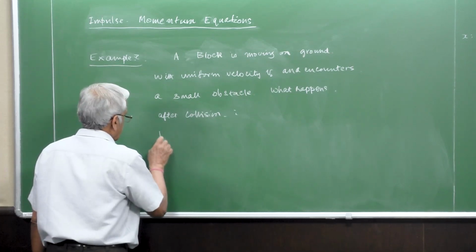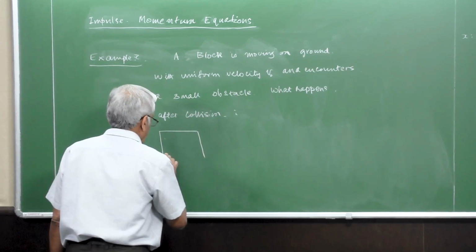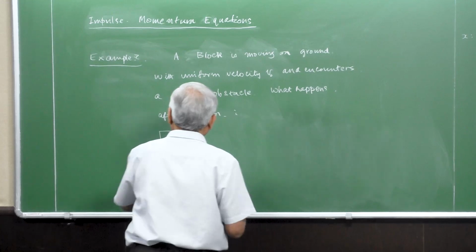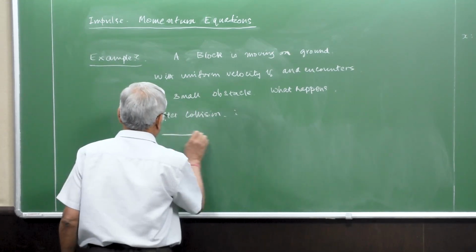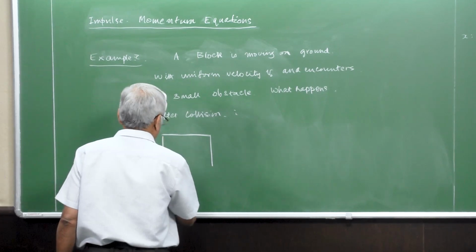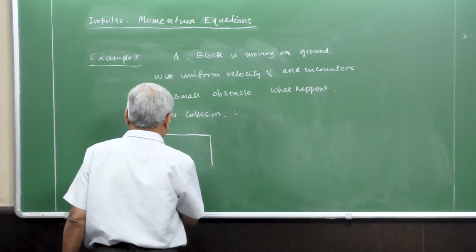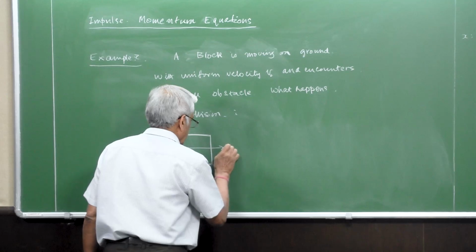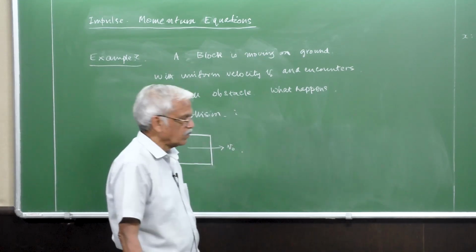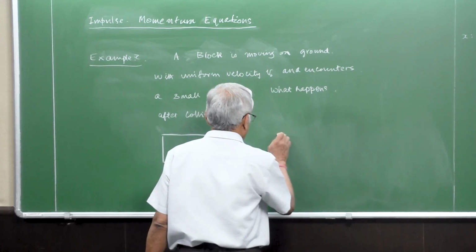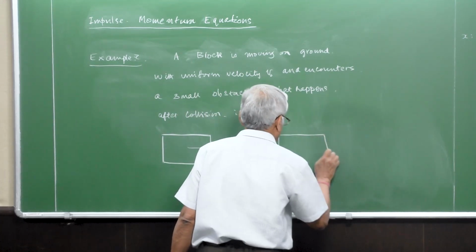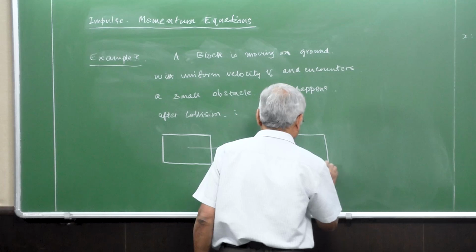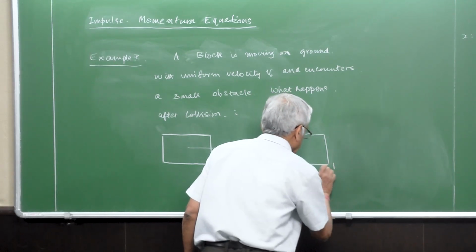So what we mean here is that we have a block here, moving with velocity v naught, and encounters a small obstacle here.